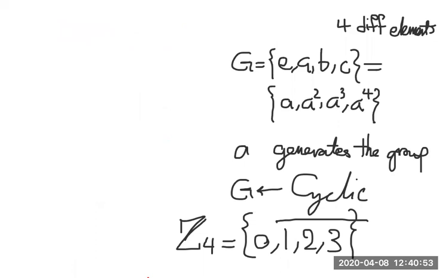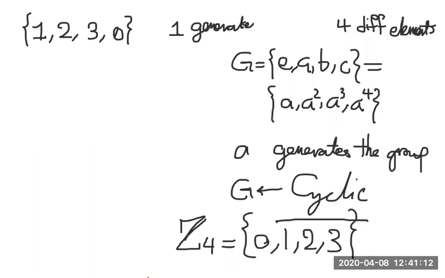Is it 1? Well, it seems 1 is correct, because we have 1 plus 1, which is 2, 1 plus 1 plus 1, which is 3, and 1 plus 1 plus 1 plus 1, which is 4, which is 0 here. So 1 generates Z4.